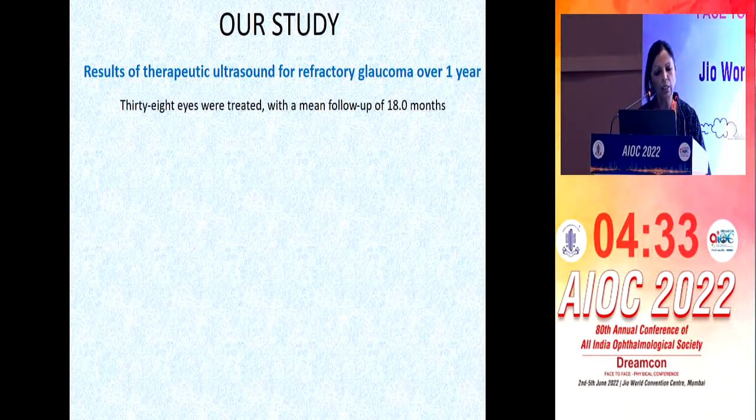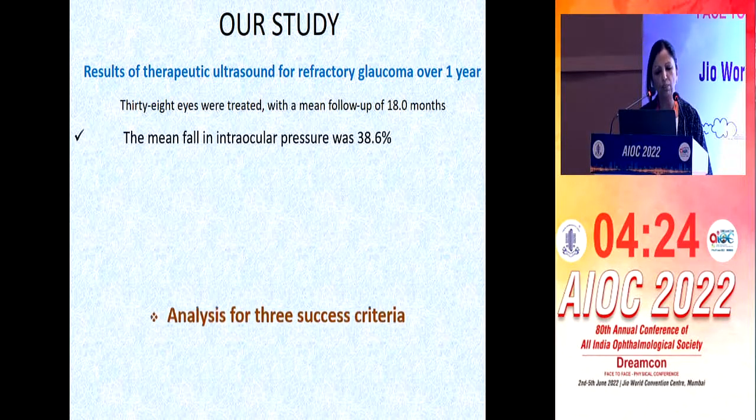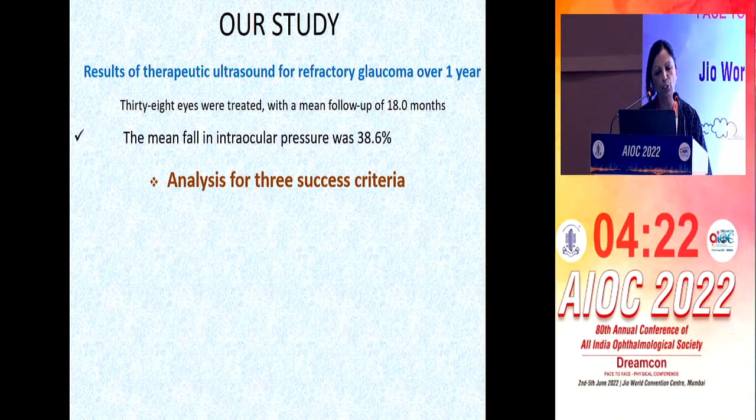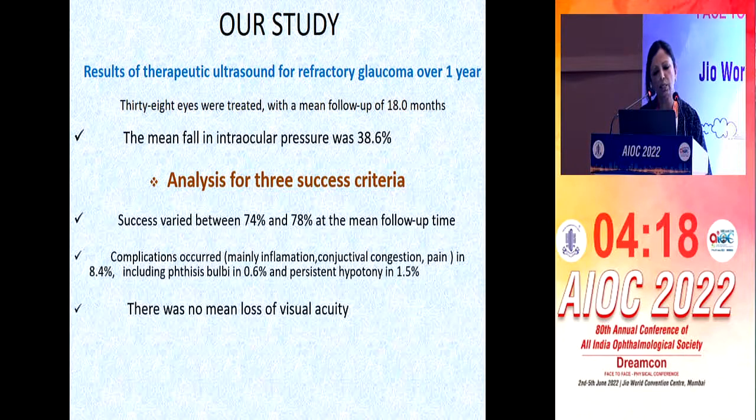We did a study on this, looking at the results of therapeutic ultrasound for refractory glaucoma over a year. 38 eyes were treated with a mean follow-up period of about 18 months. The mean fall in intraocular pressure was about 38.6%. Analysis for 3 success criteria showed success varied between 74% to 78% in the mean follow-up time.